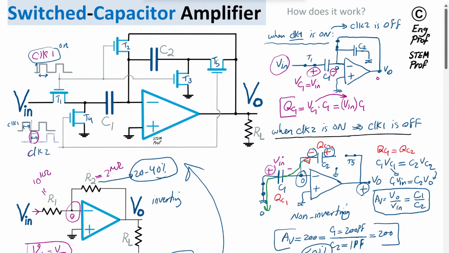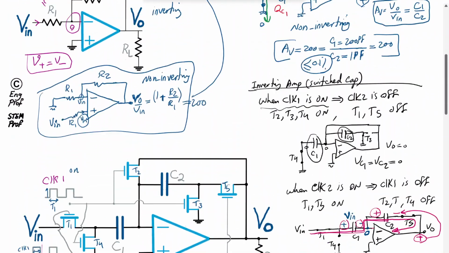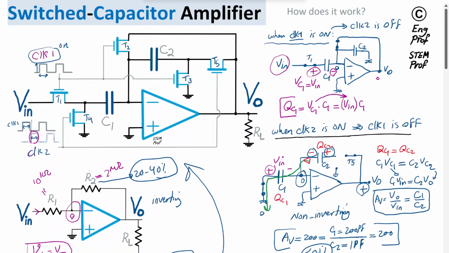Now, one last thing. We know how the circuit is working, we know what kind of gain it's realizing, and we know the benefit in terms of size.